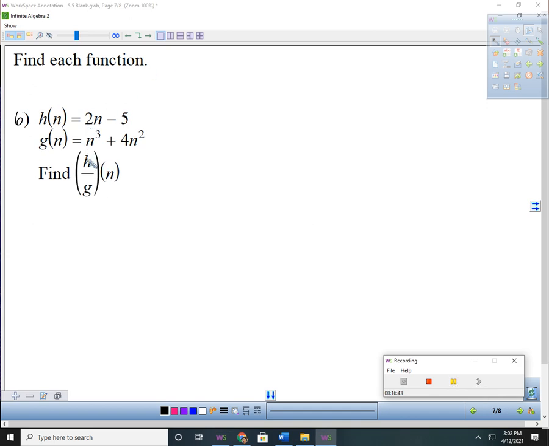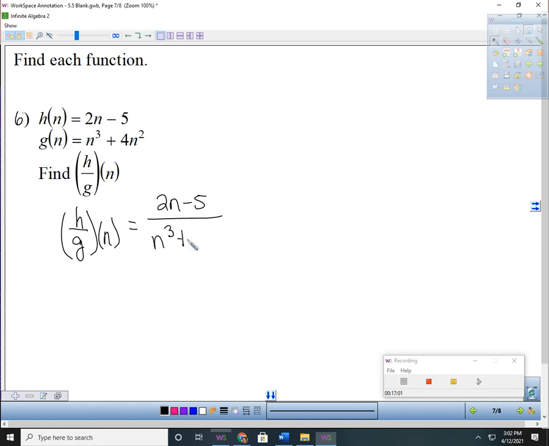All right, so h divided by g. So h will be on the top, and g will be on the bottom. So we have 2n minus 5 on top, and on the bottom, n cubed plus 4n squared.